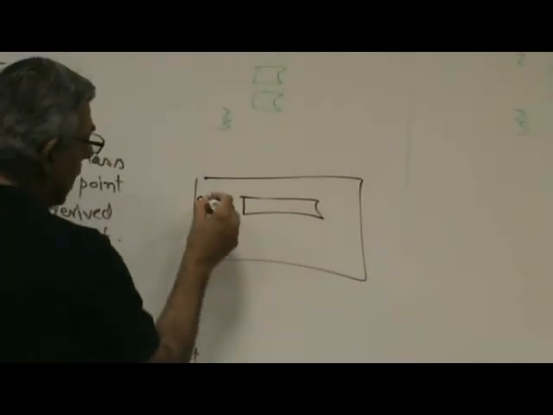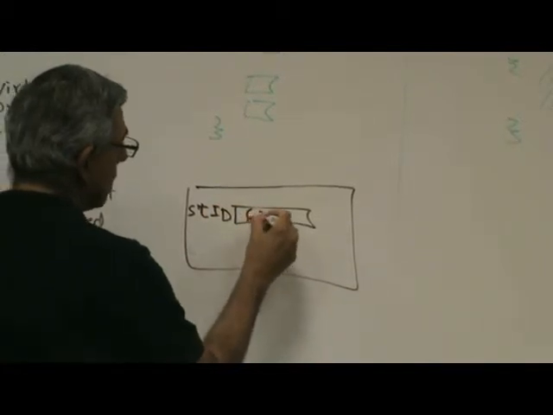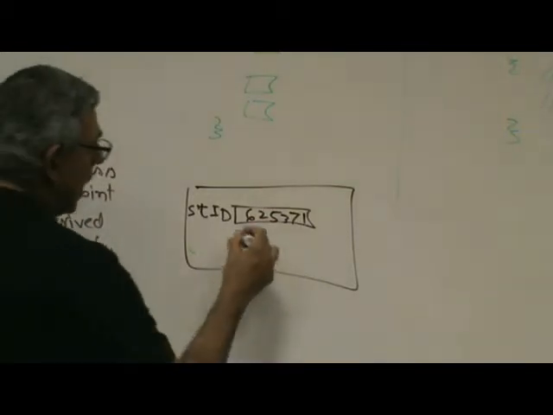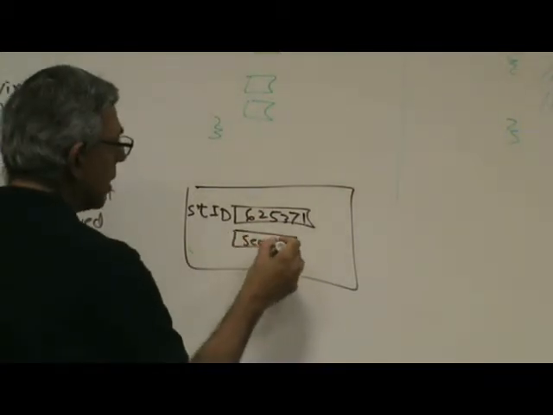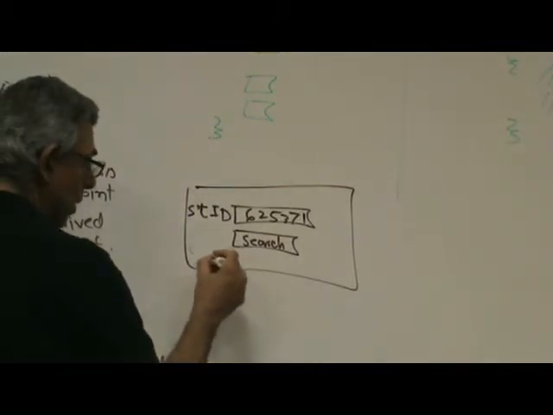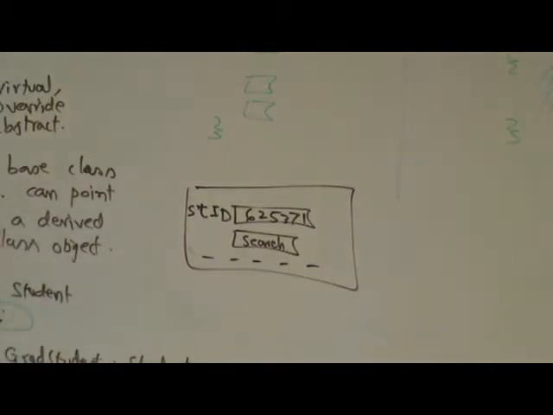Let's say you type a student ID, whatever, 625371, and you click on the search button, and this will go and give you all the details. What's your name? What's your address? What are your grades, and so on, right?